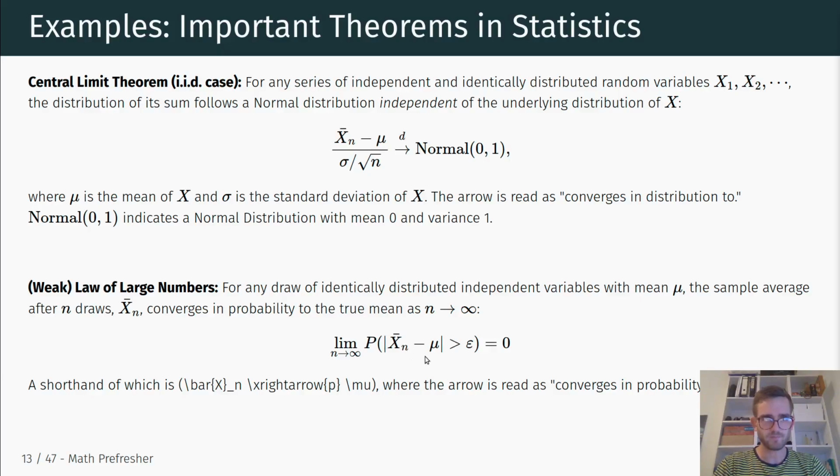And so as we increase n to infinity, the probability that this deviation of xn bar and mu is larger than some small epsilon is equal to 0. And another way of saying this is that xn bar is approaching mu or converges in probability to mu.